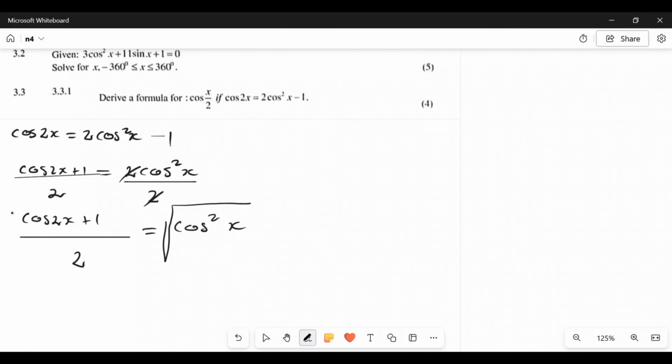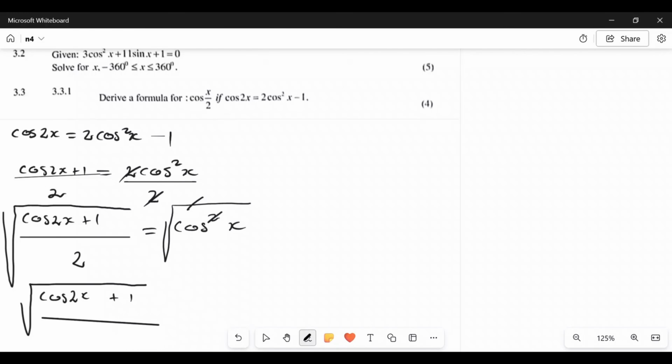The square and the square root will give you 1 as the power. And then on the left-hand side, you're going to be left with the square root of cos 2x plus 1 divided by 2. All this is equal to cos x.